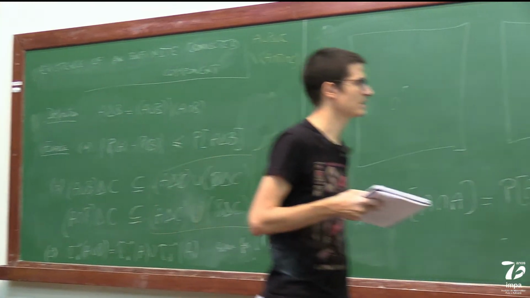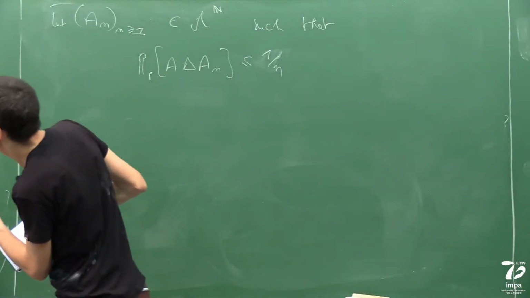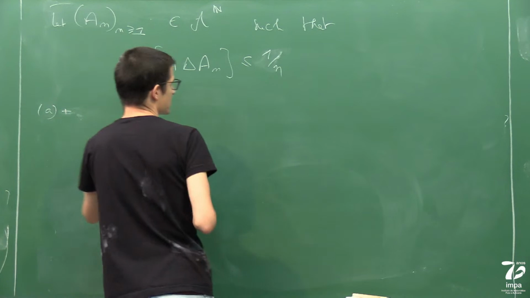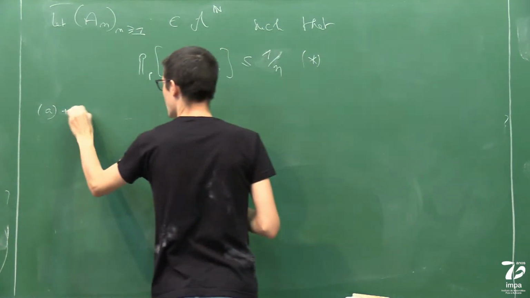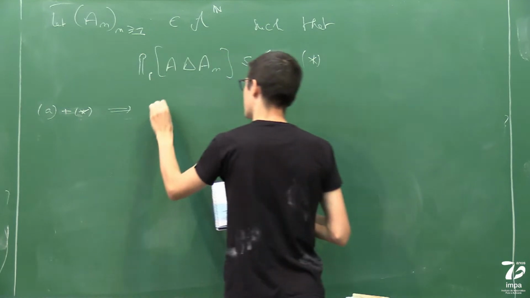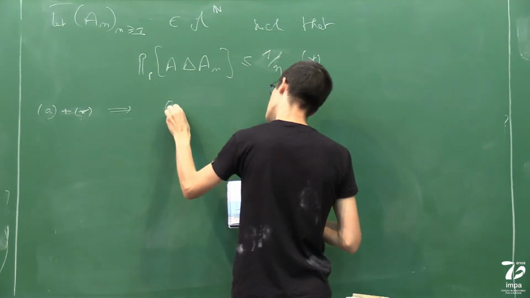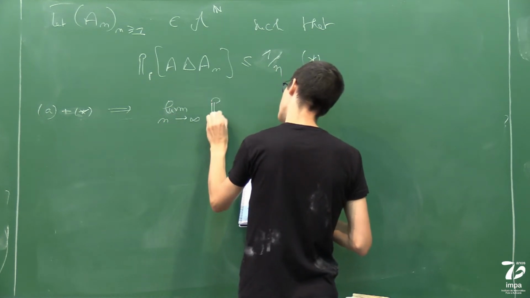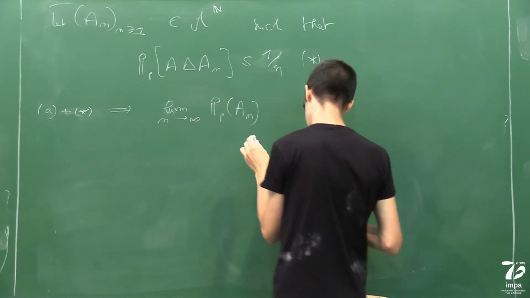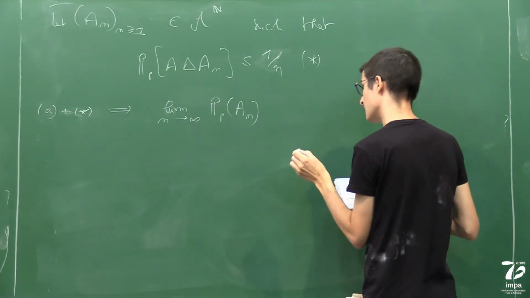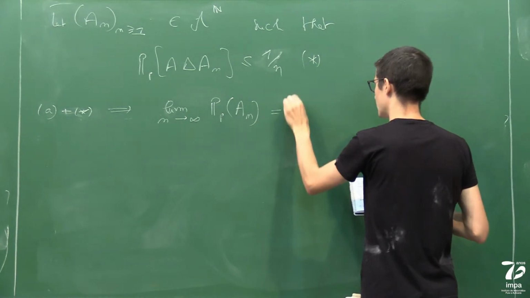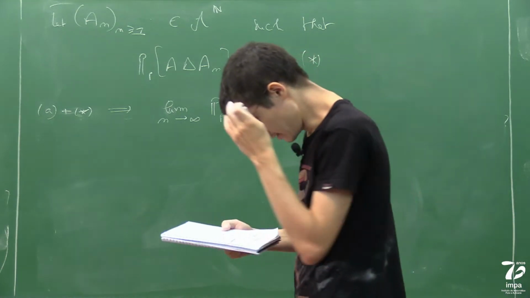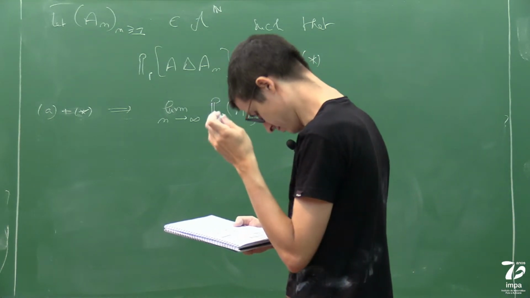So what we have is that the limit when n goes to infinity of the probability of A_n is equal to the probability of A.